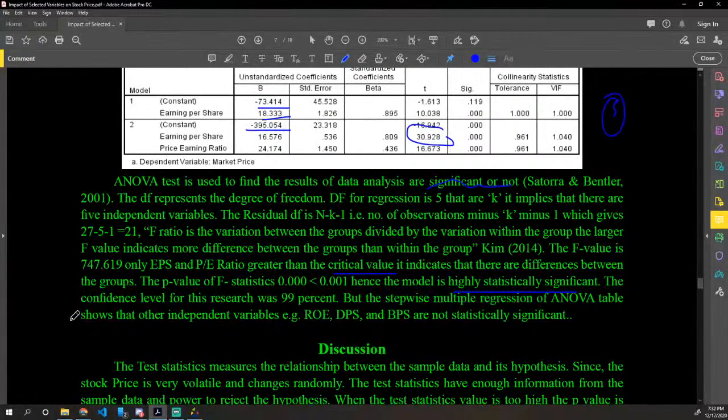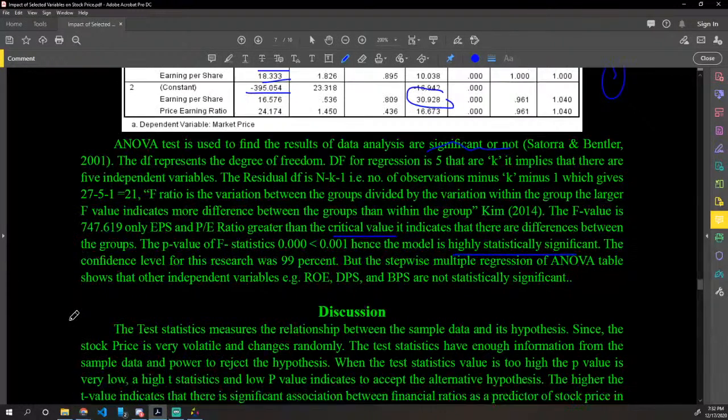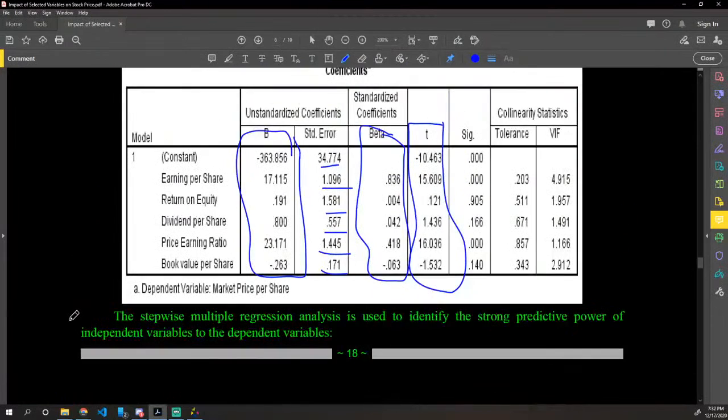So the confidence level for this research was 99%, but in the stepwise multiple regression the other independent variables, ROE and DPS, are not statistically significant. Okay. In these 2 cases only, right?